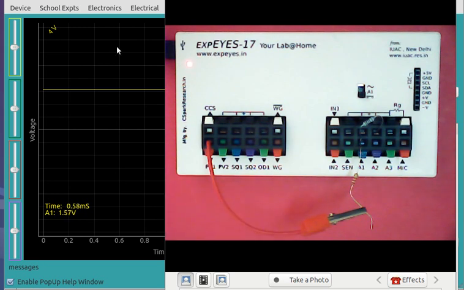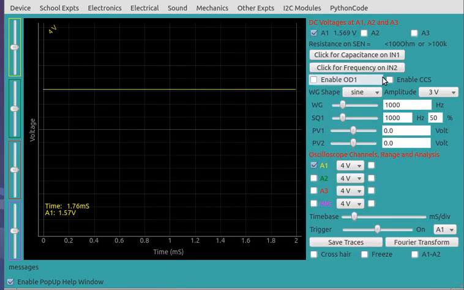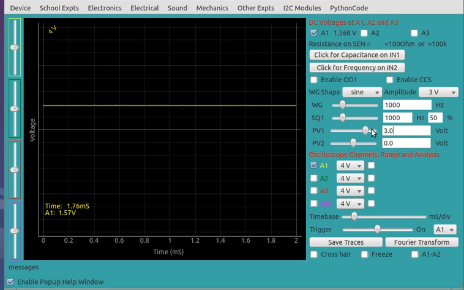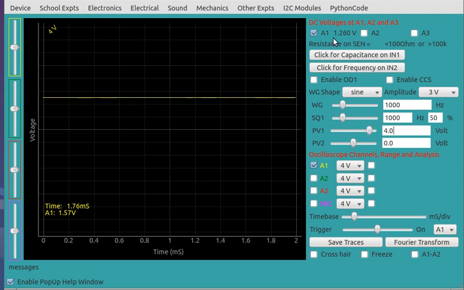So let us see what is the value at A1. Let us set some value. Say we set 3 volts at PV1 and A1 is something like 0.944, and if we set say 4 volts, we are finding that A1 is 1.26.